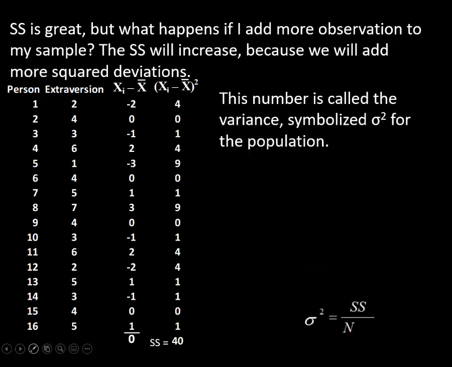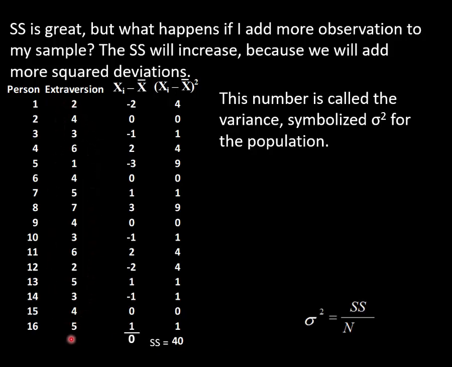Yeah, take the mean. And that's exactly what we do. So we symbolize it with the sigma squared. If you remember the video on statistical symbols, this statistic has a name. We call this statistic the variance. And it's just the sums of squares, that's this guy right here, divided by the sample size, which is exactly the same thing we do when we calculate the arithmetic mean of extraversion, right?